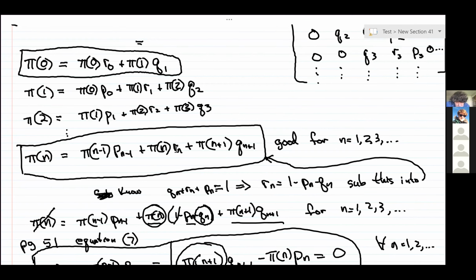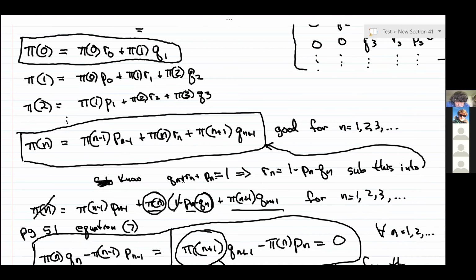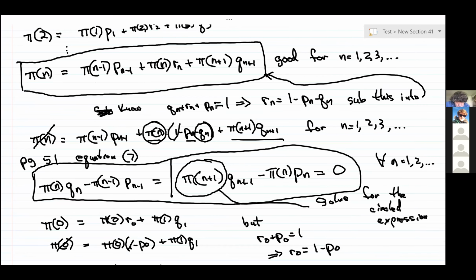When the dust settled there, you get rid of all the R's and you cancel some stuff, and you end up with this interesting recurrence relationship, which tells you this expression at time n is equal to the same expression where n is replaced by n plus 1.